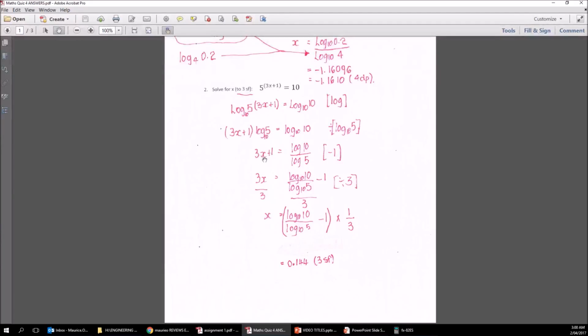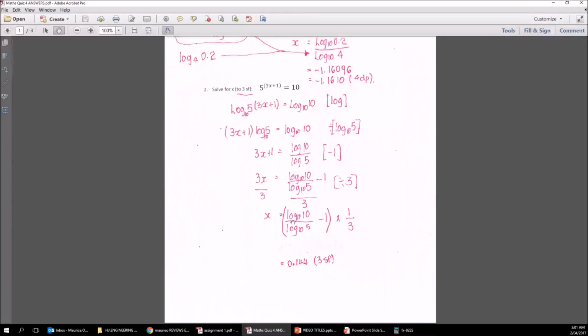And now we want to get all the x's on one side, and without the numbers, so I'm going to subtract 1, so I get 3x equals log to the base 10 of 10 over log to the base 10 of 5 minus 1. Okay, minus 1. And then I've got 3x. I'm going to divide through by 3.